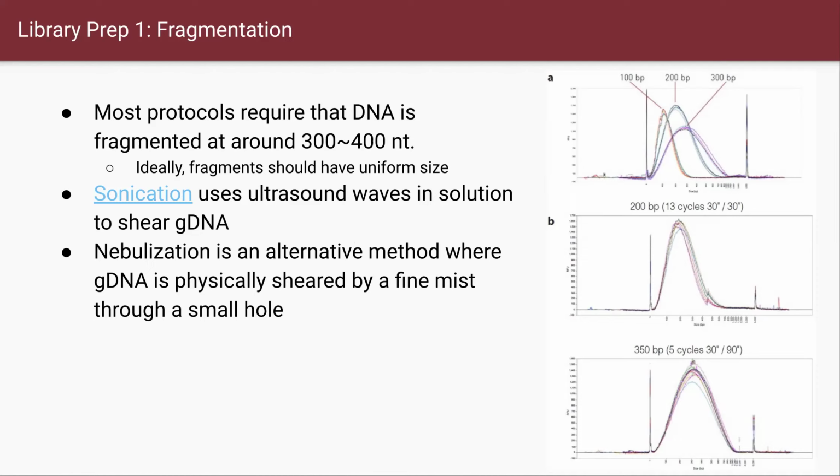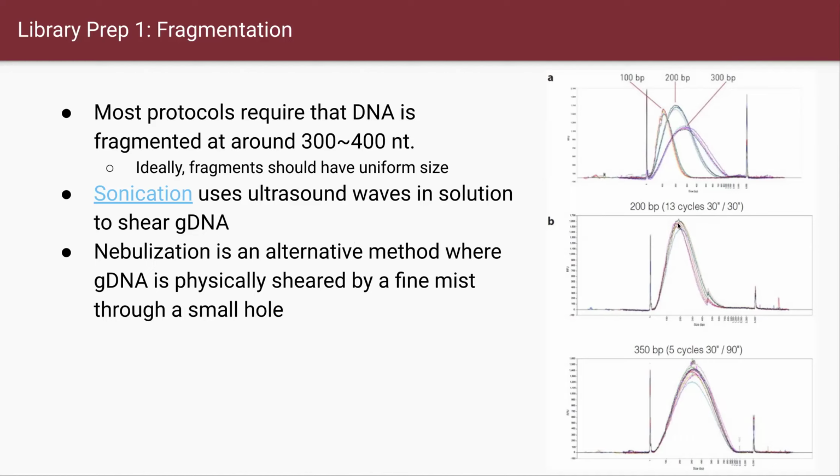Since this is a physical force, depending on how long you do that process, or how many times you do the process, your output will be different, right? If you look here, if you do 13 cycles, then your DNA will be fragmented to around 200 base pairs.